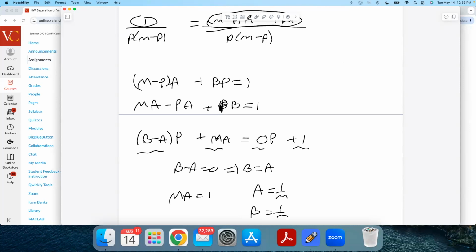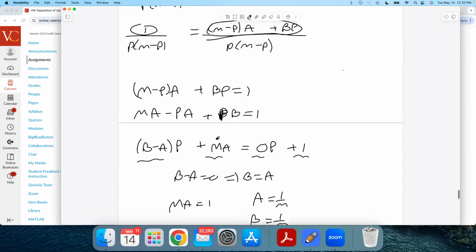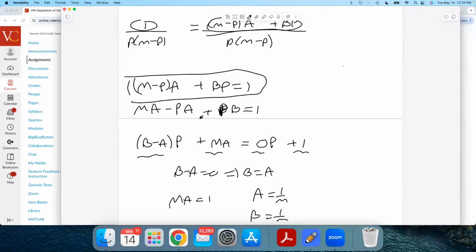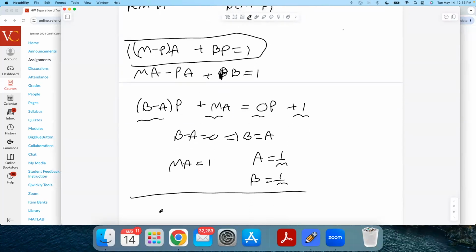Now I could also do this using what we call the cover-up method, where we pick, using this form here, very particular values for our variable P to make parts of this cancel out. So rewriting this equation up here, that's a plus right there.